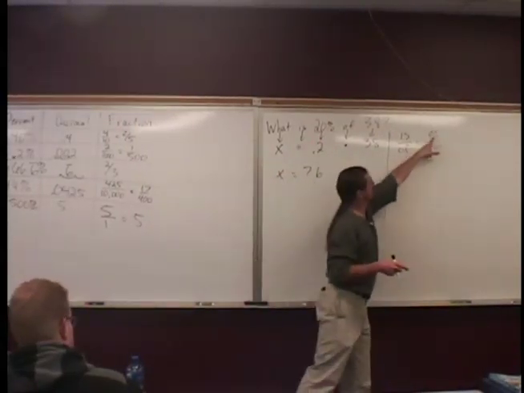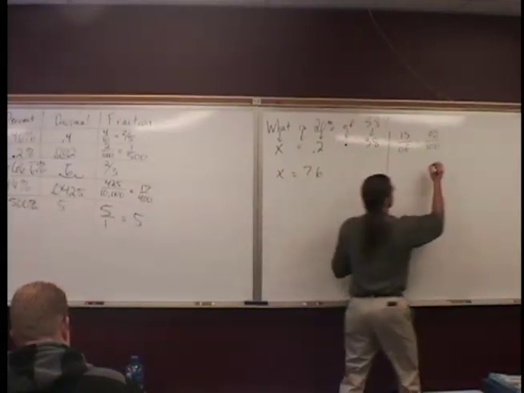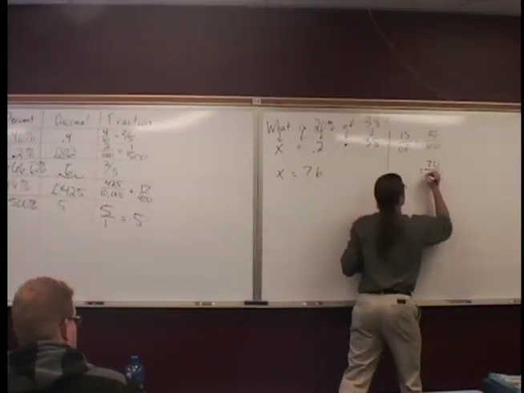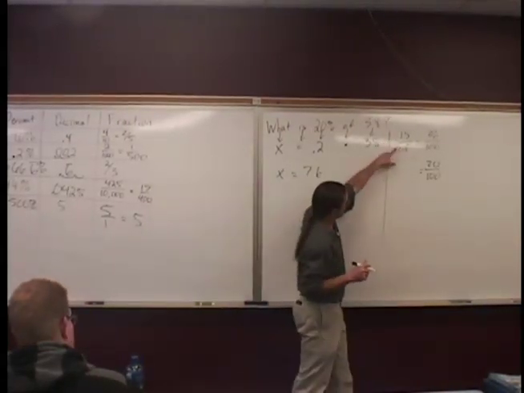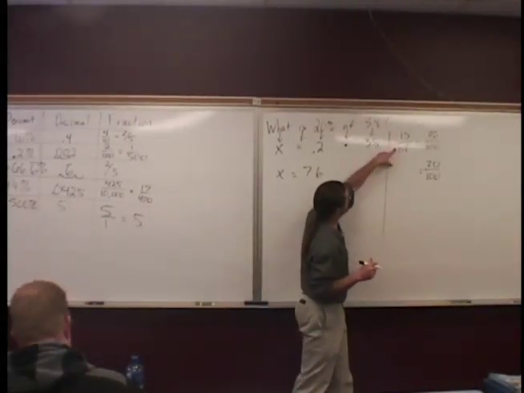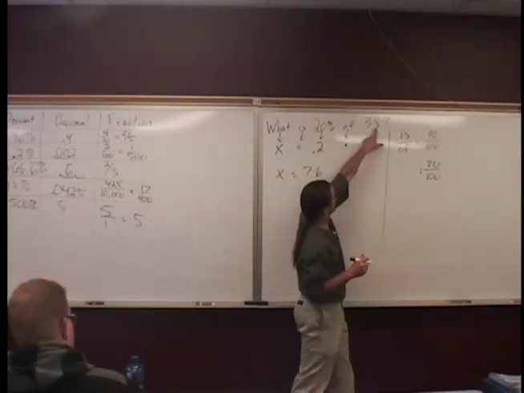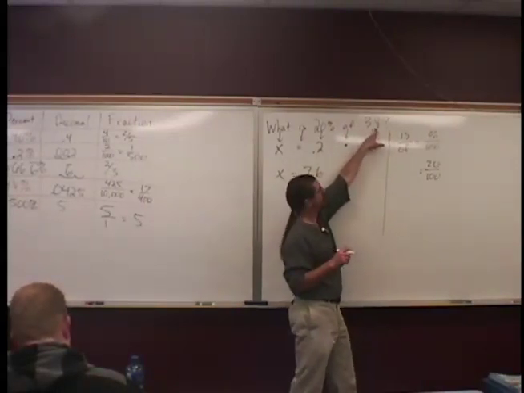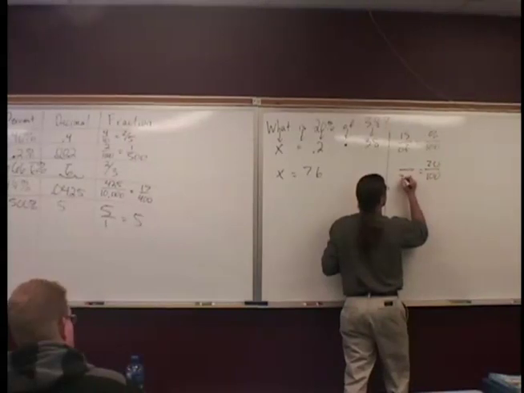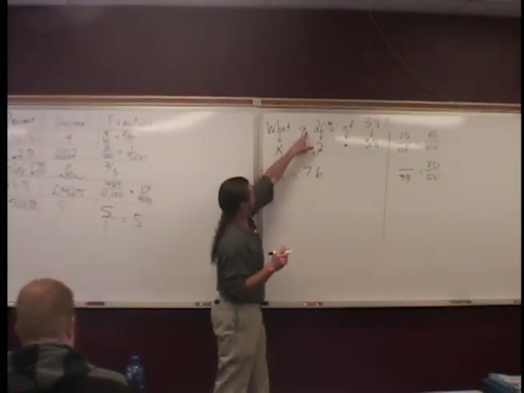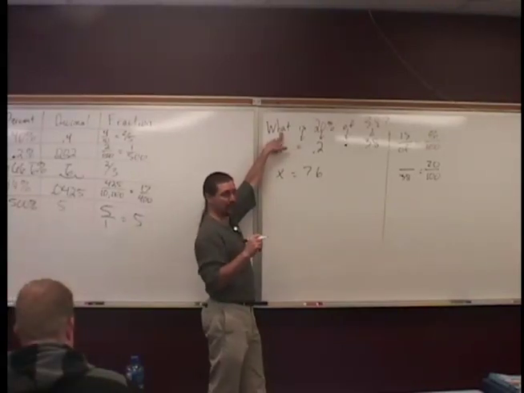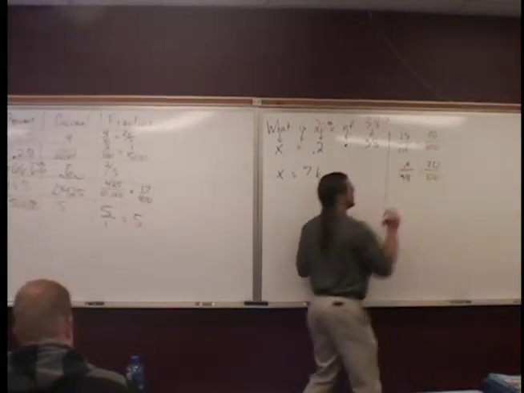So here's percentage, put in 20. And then you just have to figure out which of these two you have. Go to the word of. What follows the word of? 38. That's what you substitute in for the word of. What's next to the word is? What? That's what you're trying to find out. X.